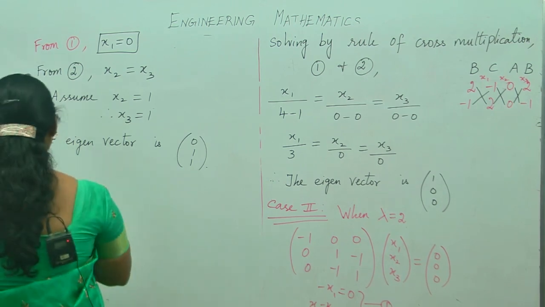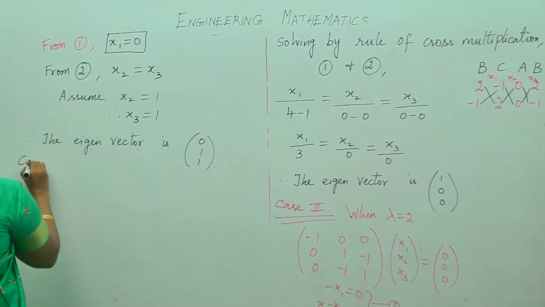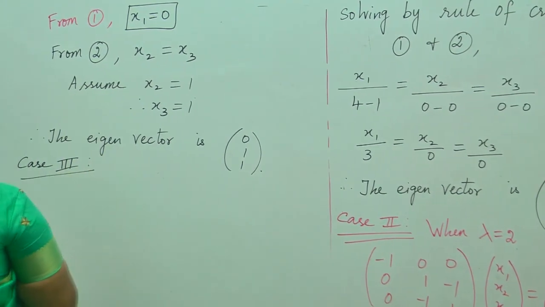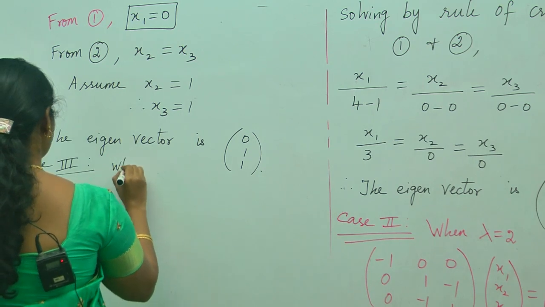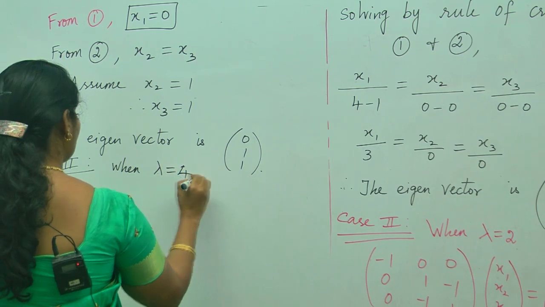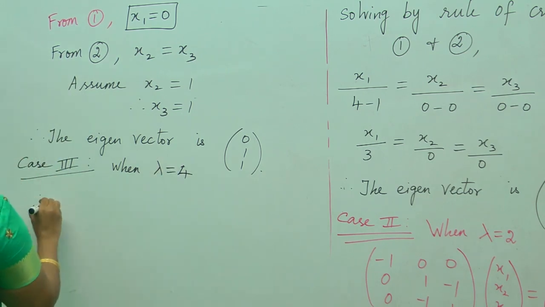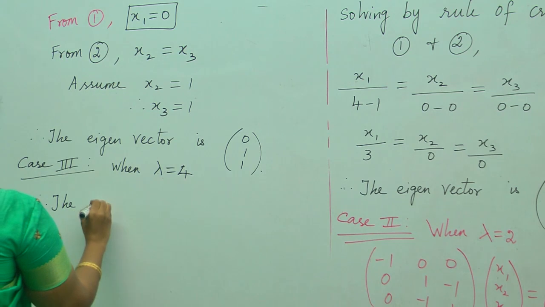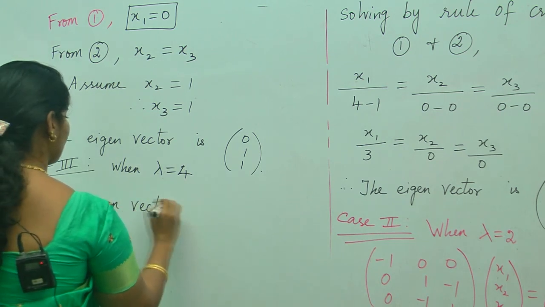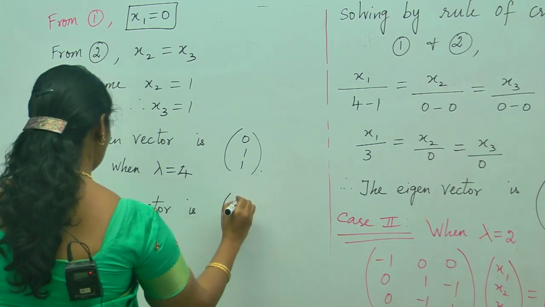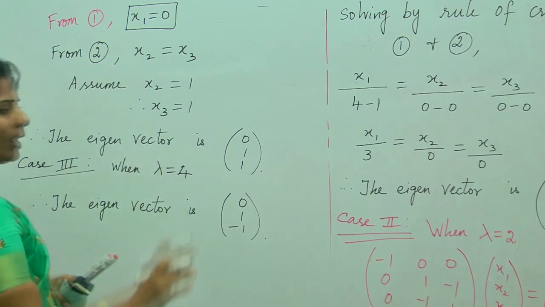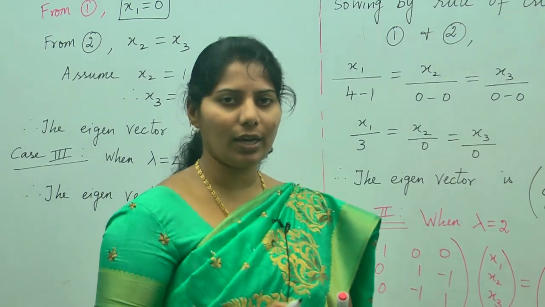So, for the third eigenvector, that is for case 3, when lambda is equal to 4, in that case, the eigenvector is 0, 1, minus 1. So, we have got 3 eigenvectors for the corresponding 3 eigenvalues.